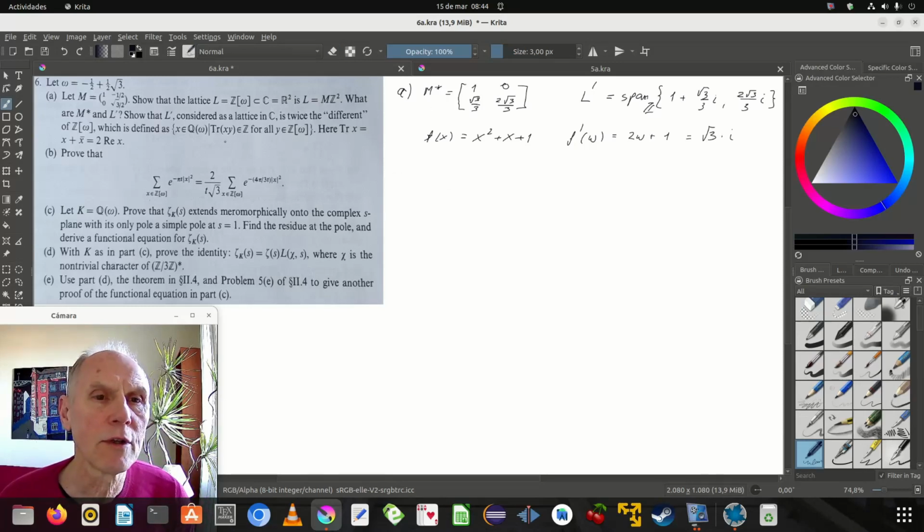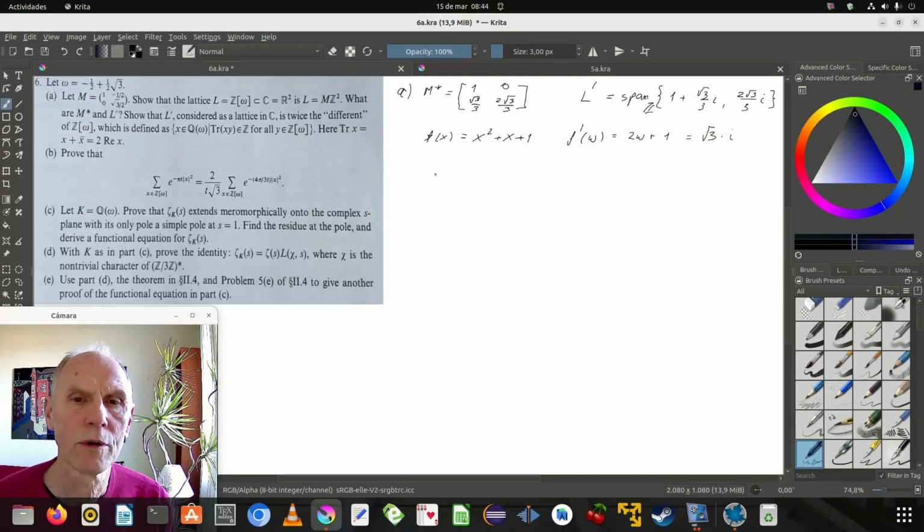Now let's use the definition here. So an integer a plus b omega times, and that's L we shall use, so that's times 1.